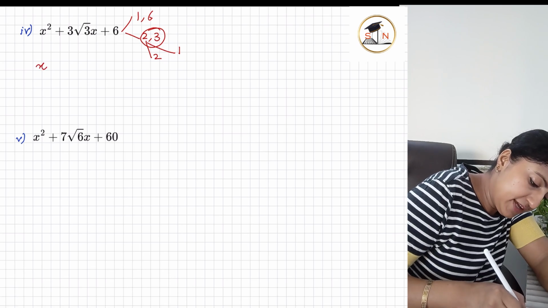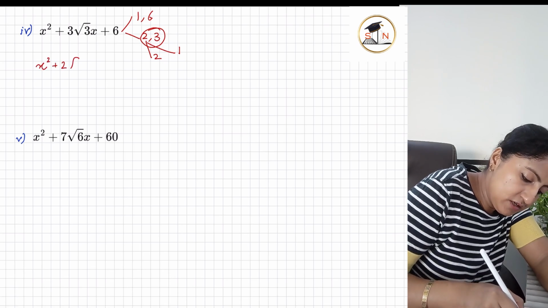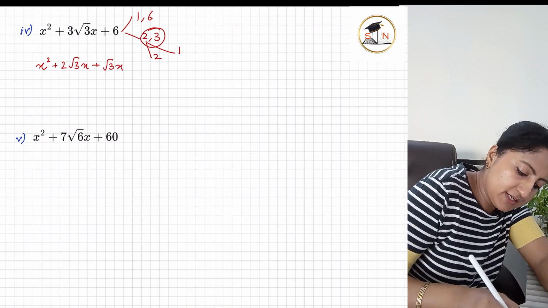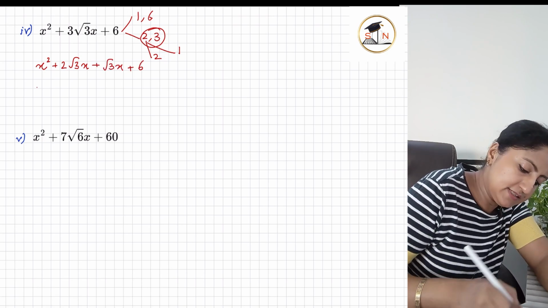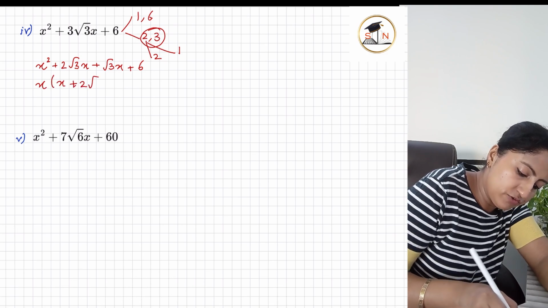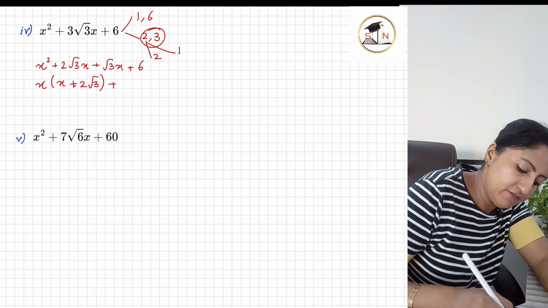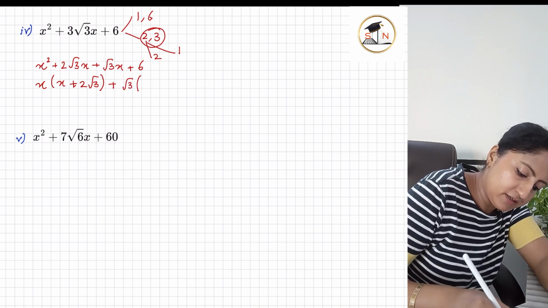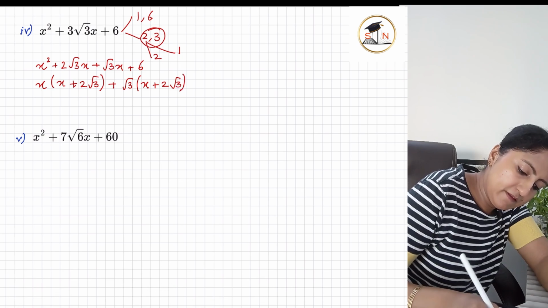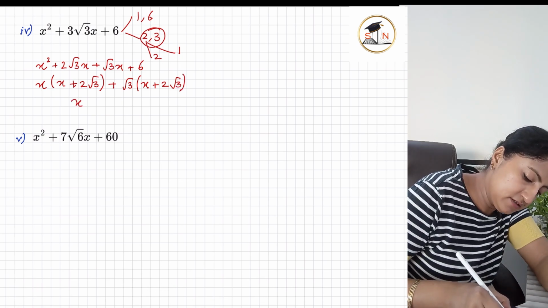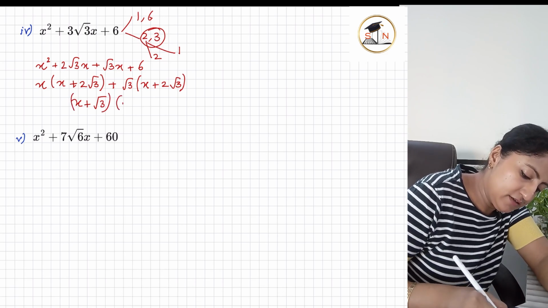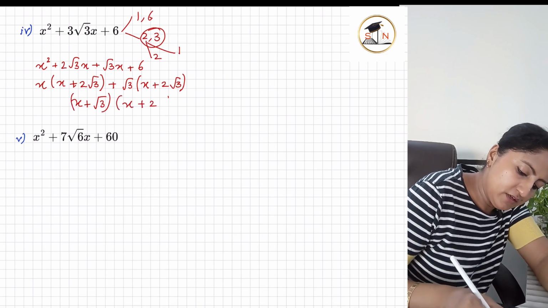We will have x square plus 2 root 3x plus root 3x plus 6. x out, x plus 2 root 3. And then we have root 3 as a common factor, x plus 2 root 3. And the final answer, x plus root 3 and x plus 2 root 3.